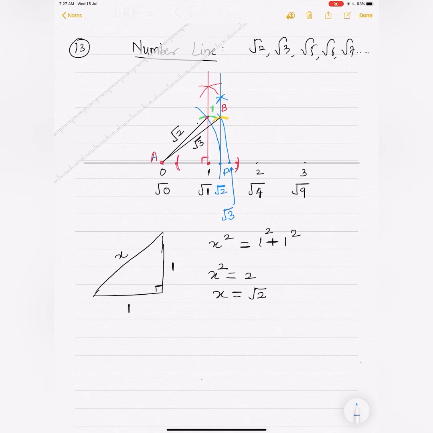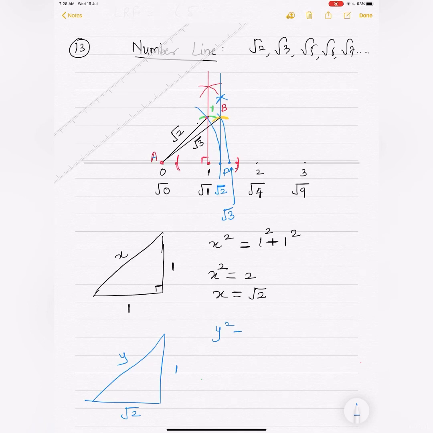I'll just tell you, see how did this give us root 3 now. Basically, what we had done was, we have vertical distances as 1 only still, but this one became root 2. Now let this be equal to y. Again apply Pythagoras theorem.